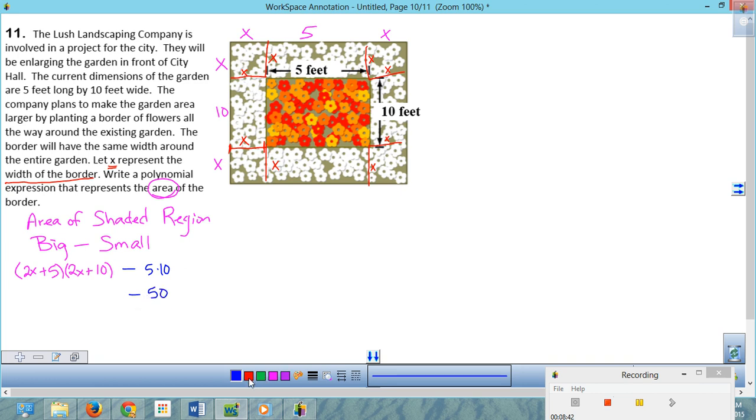No big deal. So, to find the area of the big, we need to do the box method. So you have 2x plus 10 on the top and 2x plus 5 on the side.